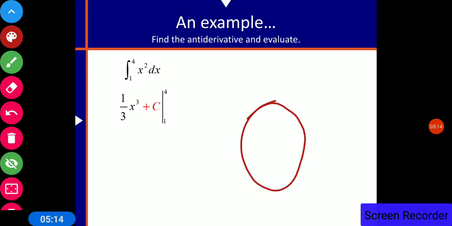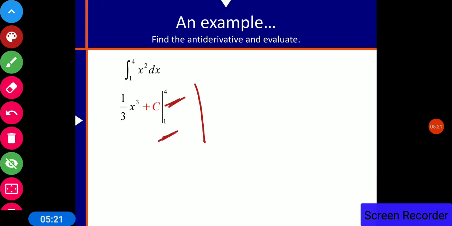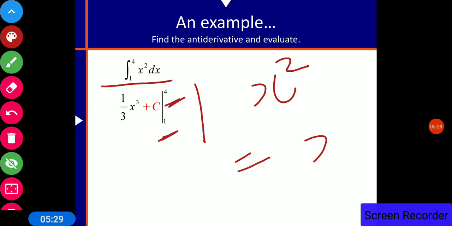Now here, this is the sign of the definite integral, which means the limits from a to b. So first we will integrate this. When you integrate x raised to power 2, the result will be: increase the power by 1, that is 3, and divide by the same number, the power 3. So this is 1 by 3 x cube plus the constant term c, with limits 1 to 4.